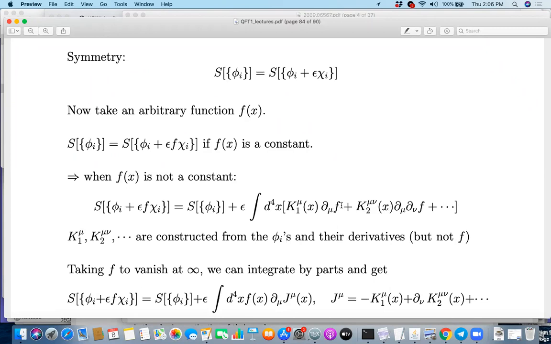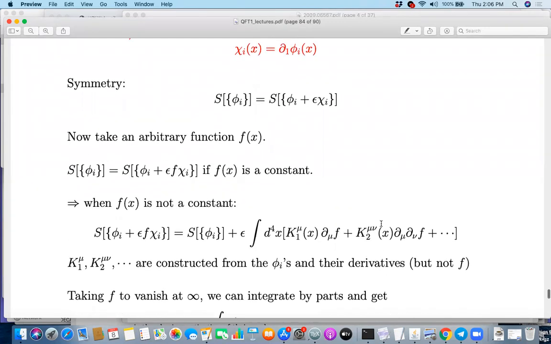The first derivative of f, second derivative of f, multiplied by some arbitrary functions k1 mu, k2 mu nu, etc. These, of course, all depend on phi I, because the transformation laws and the action depend on phi I. And then I have written this general integral because that's the most general form. Is this clear?